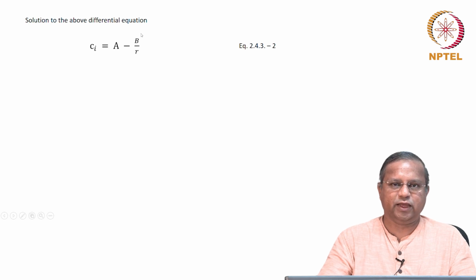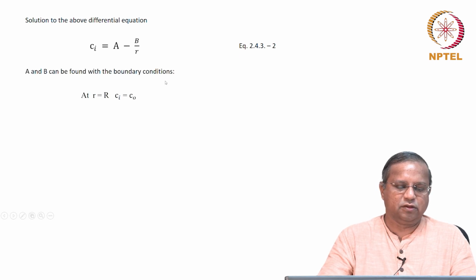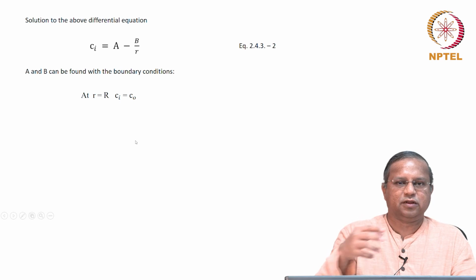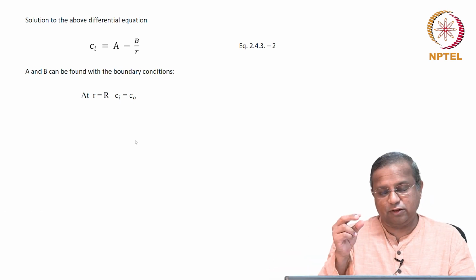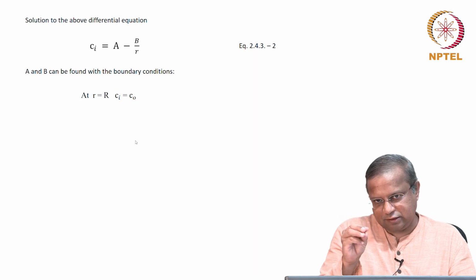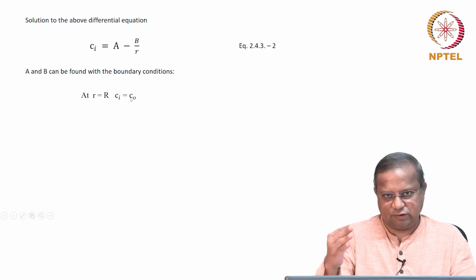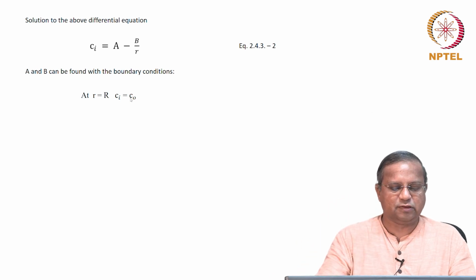We need, of course, to find a and b, which are constants, and to find those constants, we use the boundary conditions. At r equals R, the radius of the pellet that is releasing, at the center, C_i equals C_0, that is the concentration at which things come out, and let us call this 2.4.3-3.